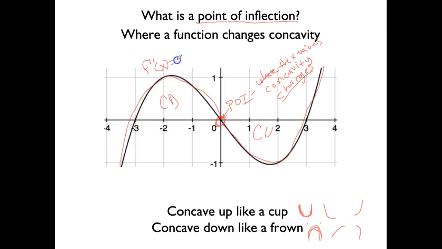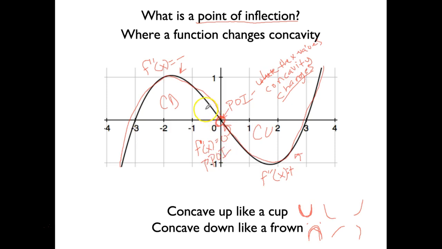If your second derivative comes out to being negative, that means it's concave down. If your second derivative comes out to being positive, oops, I didn't put an equal sign there. Positive, that means it's concave up. Okay? If your second derivative, can't see that derivative sign. If your second derivative is equal to 0, that means it is not a point of inflection, but what we call a possible point of inflection.